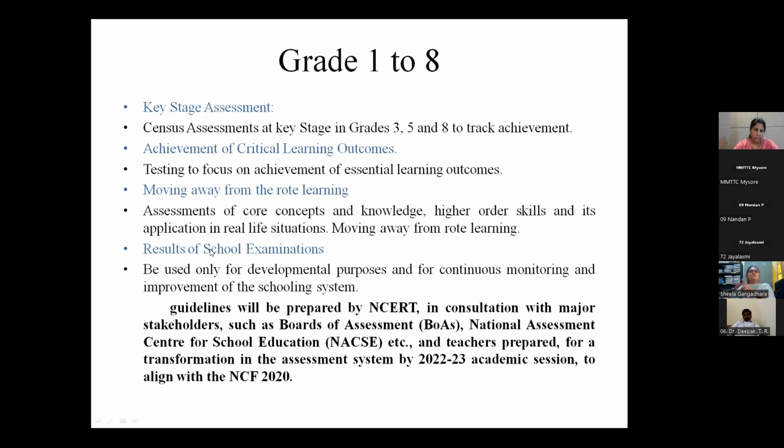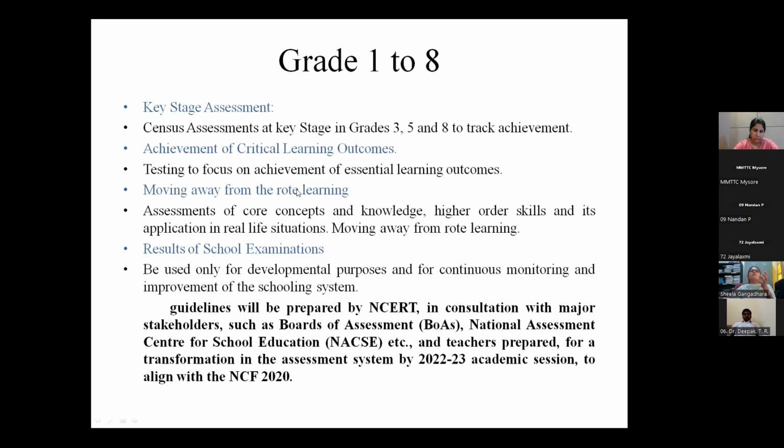The results from school examinations should be used only for developmental purposes and for continuous monitoring and improvement of the schooling system, but not for the labeling or segregation of the students.